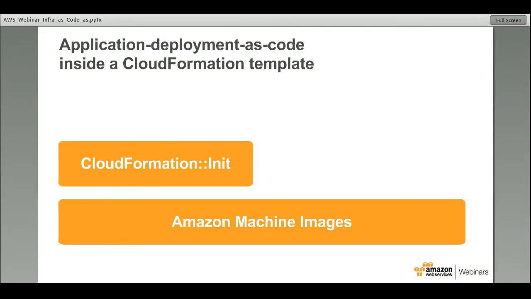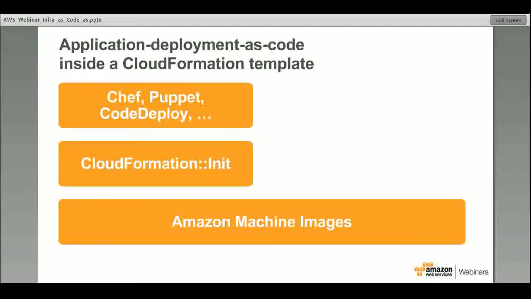And it also allows you to bring in any other application configuration tool that you might want to use. So, for example, if you have been using Chef and you want to continue using Chef for application deployment, you can write a CloudFormation template that does the infrastructure provisioning for you, and then have that template install Chef client, and then do the application deployment via Chef.